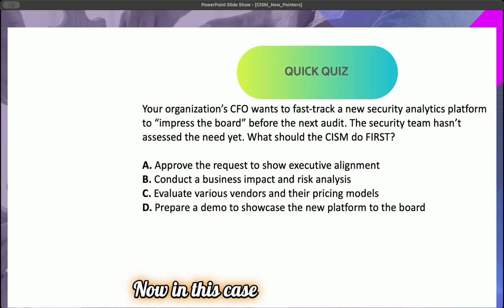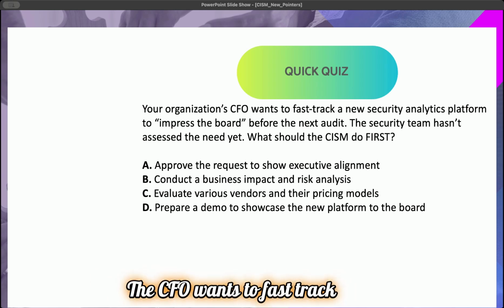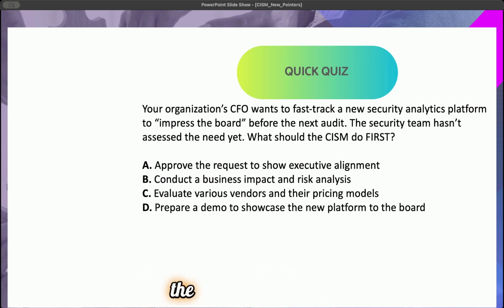Now, in this case, let us first understand the scenario here. The CFO wants to fast track the new security analytics platform. The goal is to impress the board before the next audit. The security team has not assessed the need for this tool yet, and what should the CISM do first?